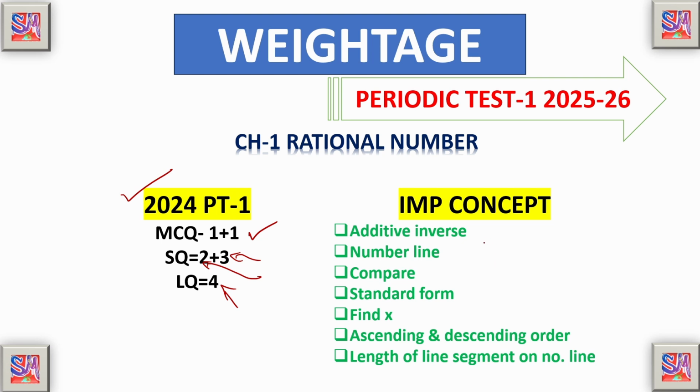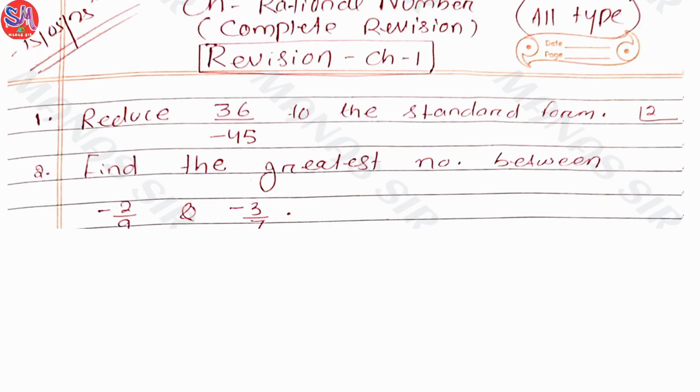Now, what are the important concepts of this chapter? The first is additive inverse, then number line, then compare, standard form, then how to find the x, then ascending and descending order, then how to find the length of the line segment on the number line. Okay. So let us start the session in detail. So take pen and paper and revise with me.